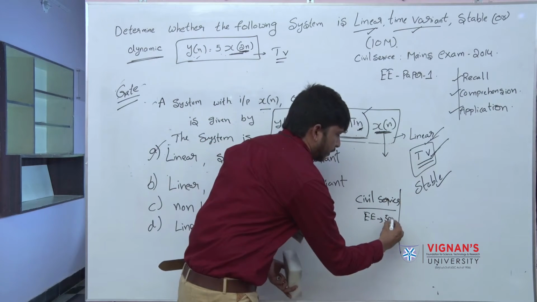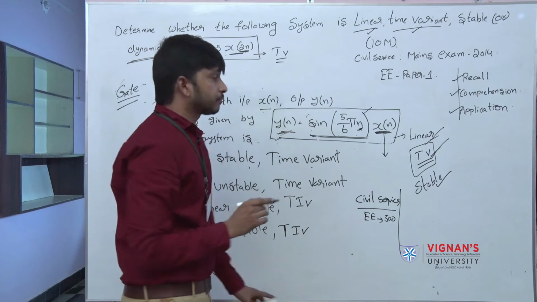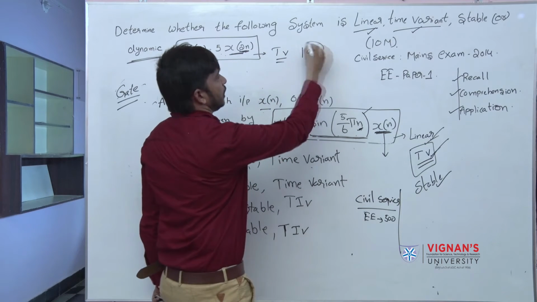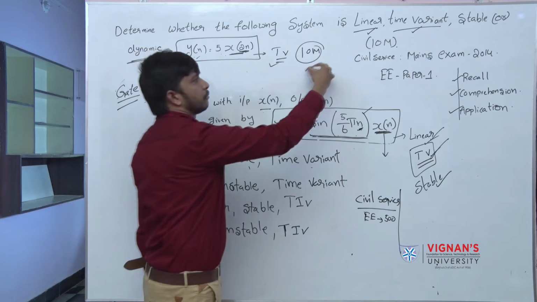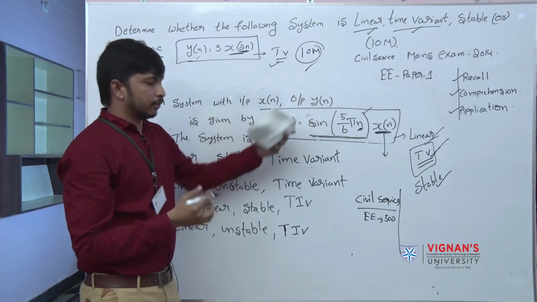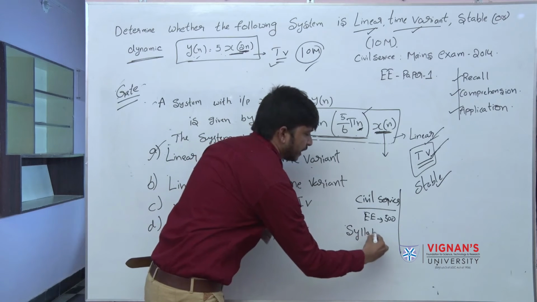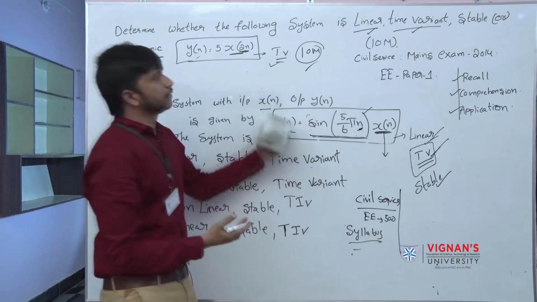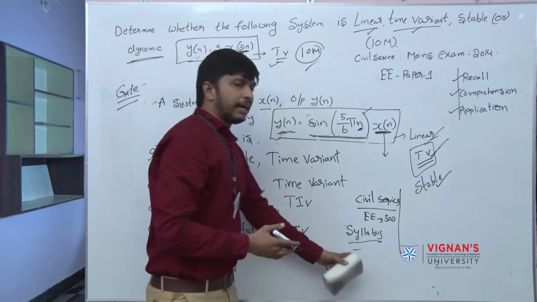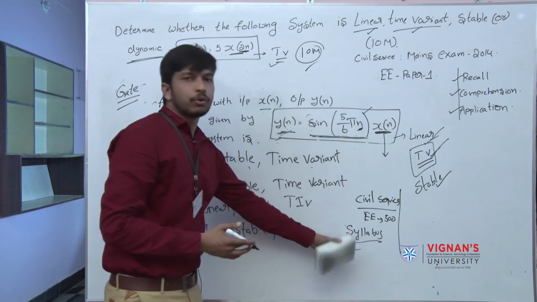The advantage of taking EE optional is that if your answer to a question like the one we solved is right, you will definitely get 10 marks, so there is scope for more marks. The disadvantage is the very lengthy syllabus, the entire signals and systems. But if you don't skip any content, you can definitely score well in the optional subject.